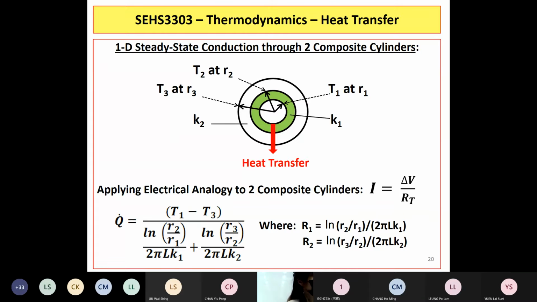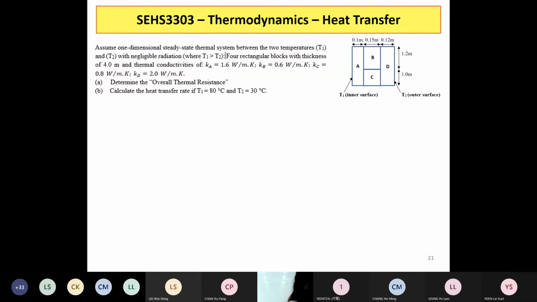If no questions, let's take a 5-minute break. After the break, let's go through our class tutorial, okay? And if you cannot understand Ohm's law, this electrical analogy method, please feel free to come to ask me, okay?